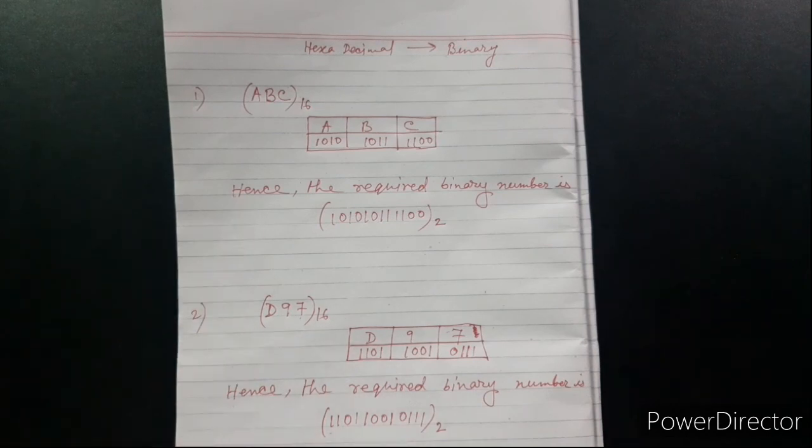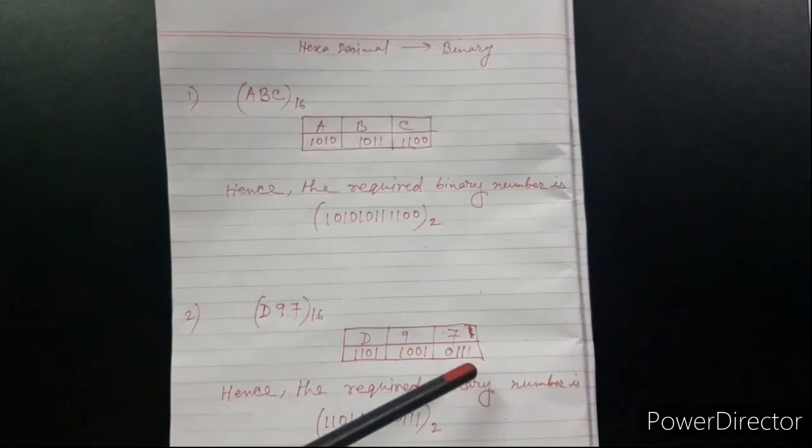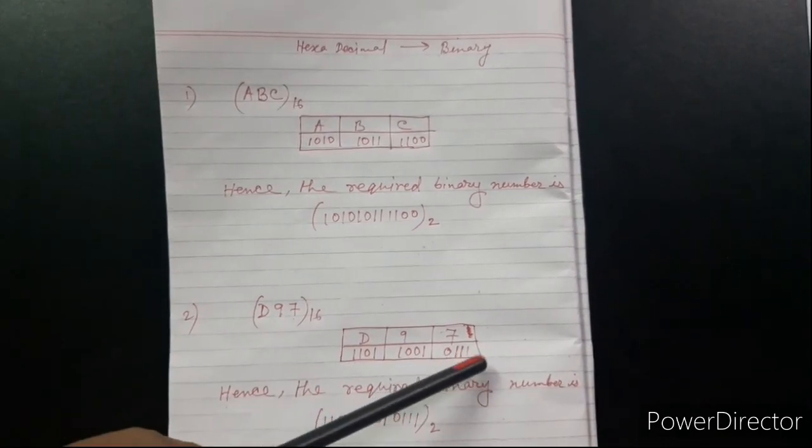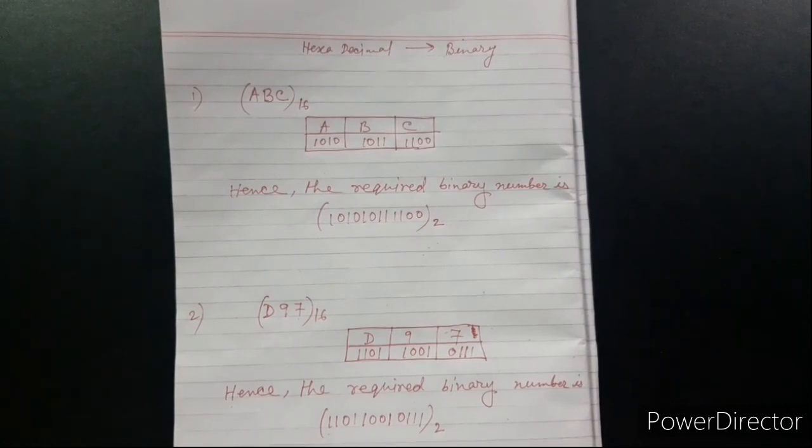The binary equivalent of 9 is 1001. And the binary equivalent of 7 is 0111. So the binary equivalent of D97 is 110110010111.